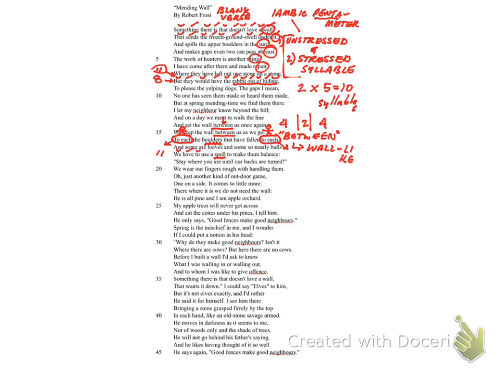And don't say, well, he just couldn't make it 10 syllables. All these are easily changed. We could take out we have to and say we both use a spell to make them balance. Then we have 10 syllables, right? There's a way to make this 10 syllables. This is purposely not 10 syllables.